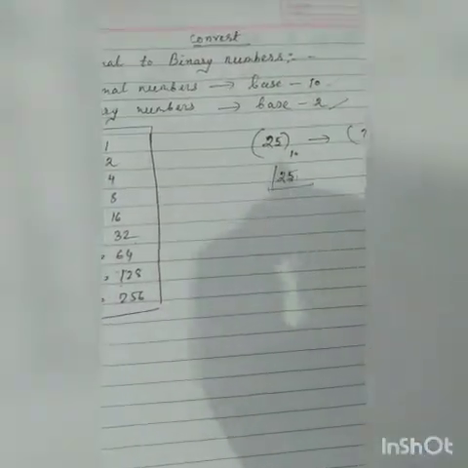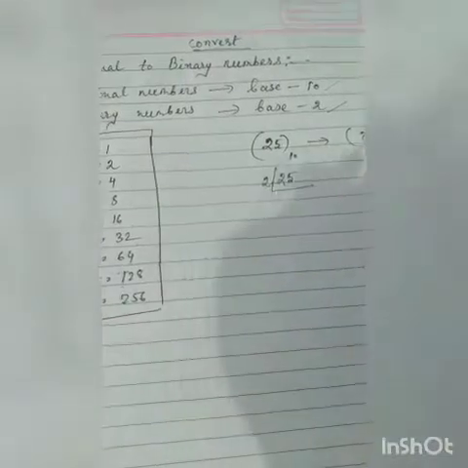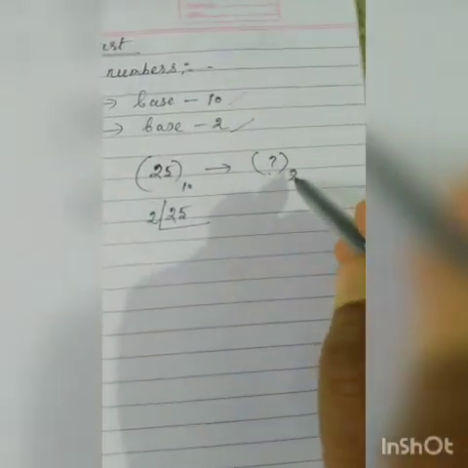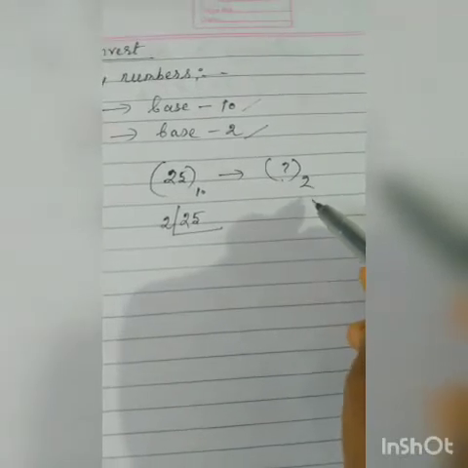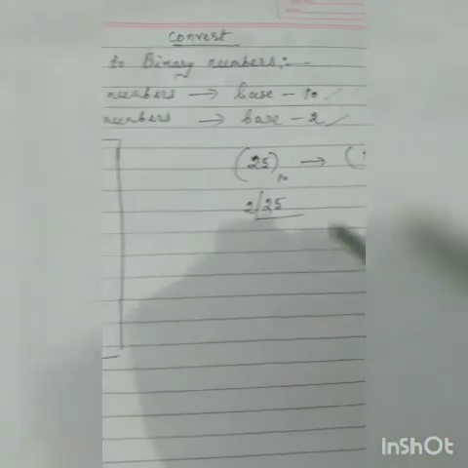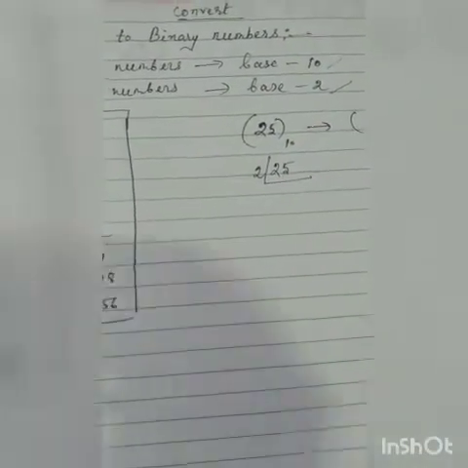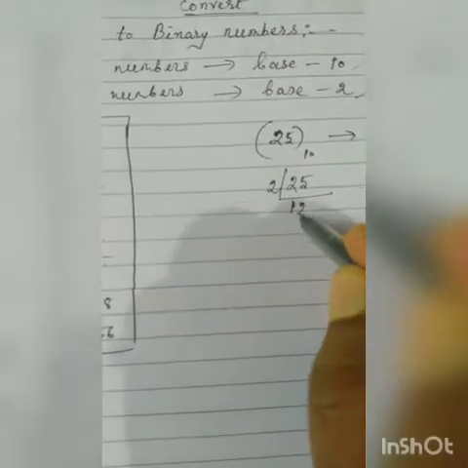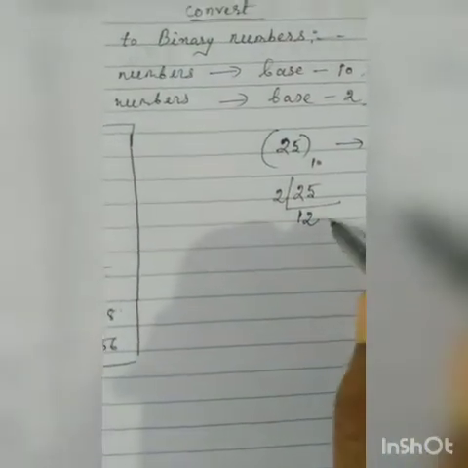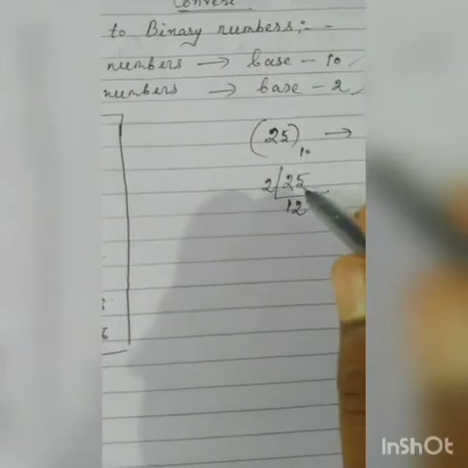We will write 25. All the numbers we will divide by 2, because we have to convert into a binary number. What is the base? Base is 2. So you have to divide by 2. 2 what is 25? If it is not dividing exactly, just write the nearest number. 2 12s are 24. So 25 is here, 24 I got.